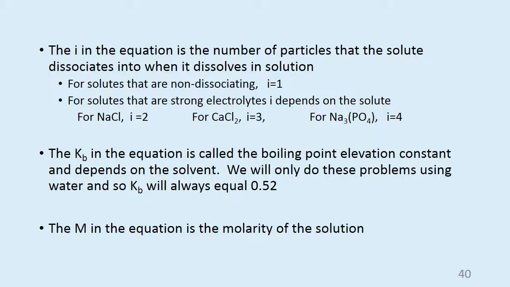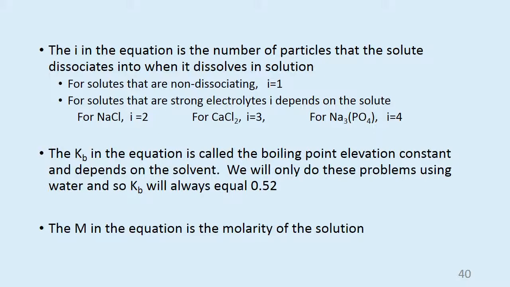The little i in the equation is the number of particles it dissociates into when it dissolves in solution. For solutes that are non-dissociating, little i equals 1. So that would be our ethanol, our ethylene glycol, sugar, things like that. For solutes that are strong electrolytes, little i depends on the solute.